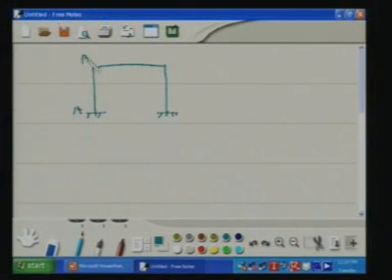Let us take an example of a frame where the loading pattern is P and 3P. Let us take the plastic moment MP for each of the columns, and the plastic moment equal to 2 MP for the beam.